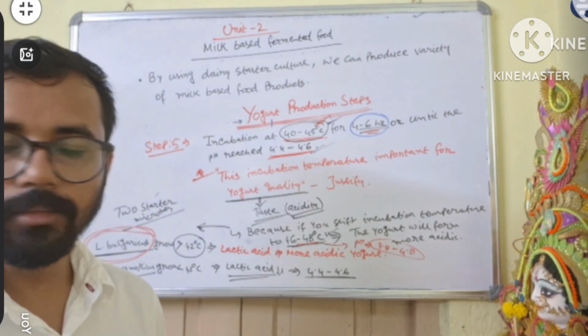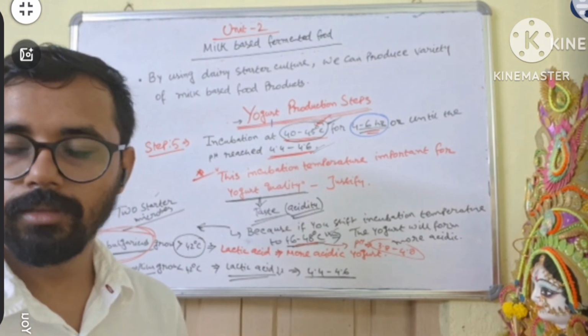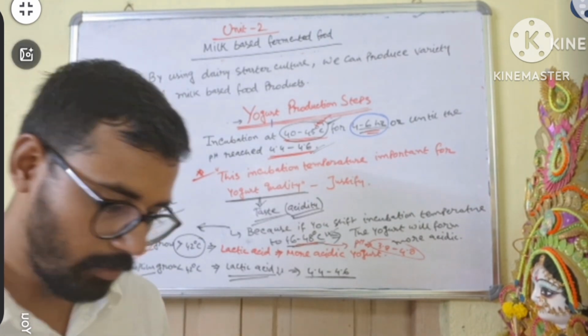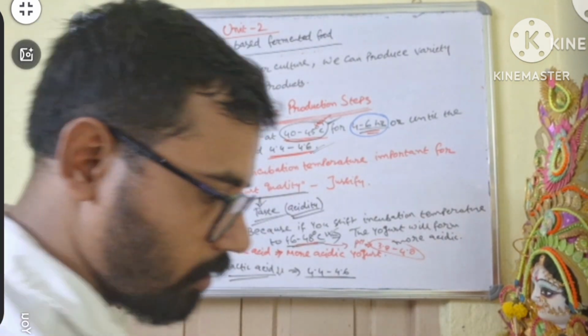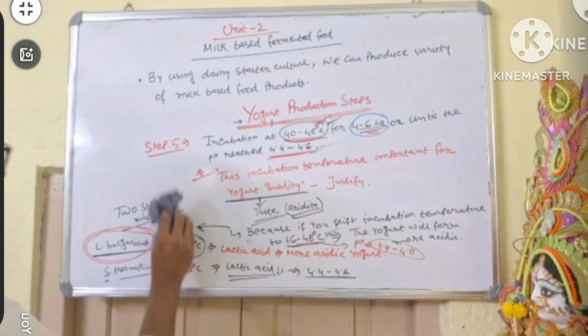So after incubation for 4 to 6 hours, the yogurt is ready. Yogurt is ready. Now cool. Step number 6.